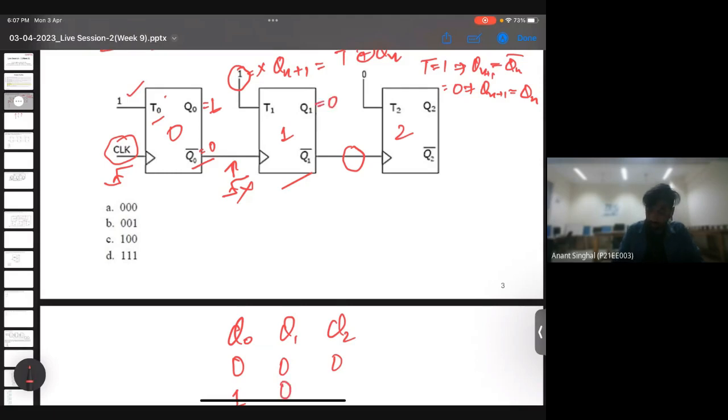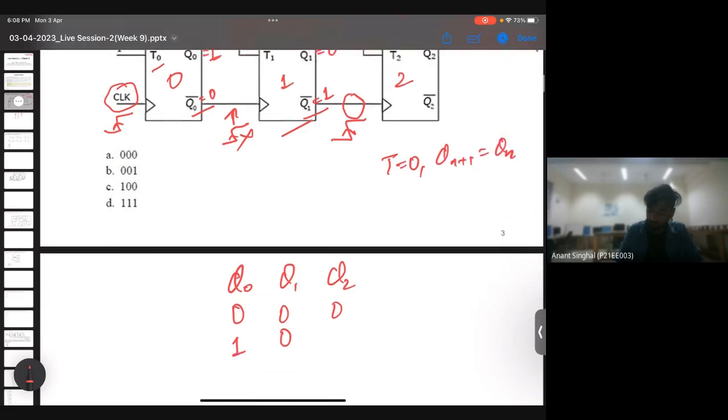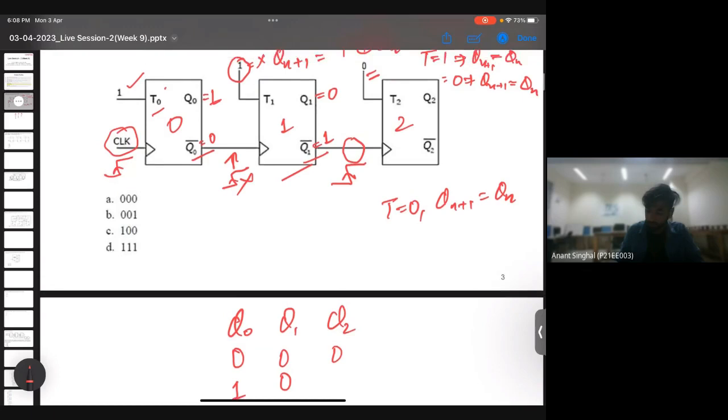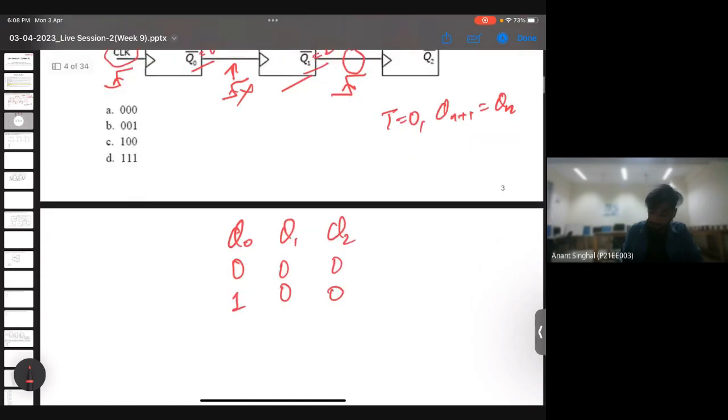Then Q1 bar will be 1 as Q1 is 0. Now since it is 1, this clock will work at the positive edge, but since T2 equals 0, we know when T equals 0, Qn plus 1 remains Qn. So Q2 will remain the same as the previous state, which is 0. So the correct answer to this question will be 1 0 0, which is option C.